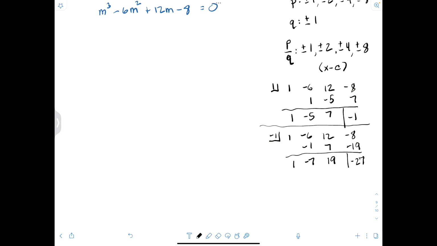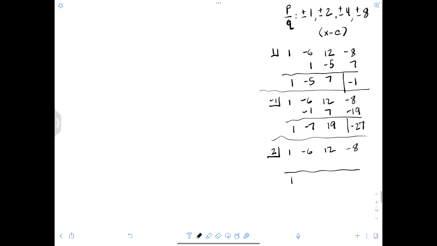All right, let's try 2. Bringing down the 1. 1 times 2 is 2. We'll get a negative 4 when we add that to negative 6. Negative 8. We get a 4 here.